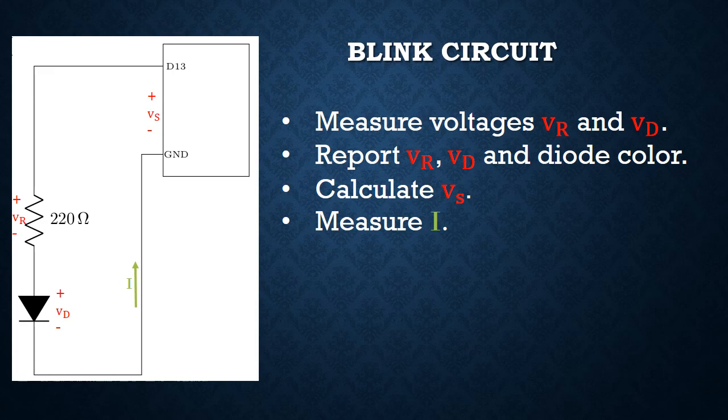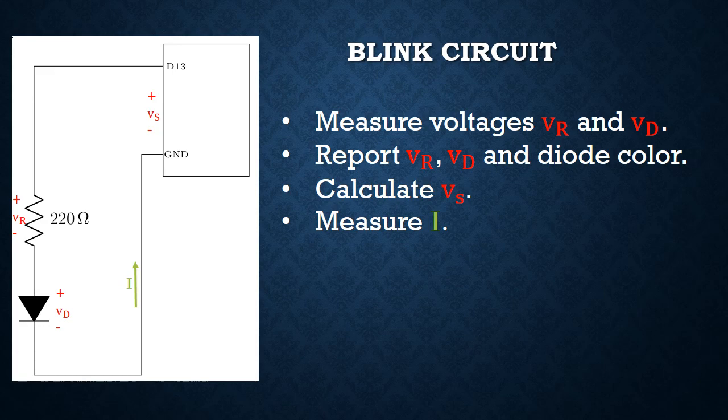Okay, and so we should be able to calculate that, not need to measure it, because we can use Kirchhoff's voltage law to find out what that is. Basically, the Nano serves as the source, and then the resistor and the diode are the loads. So we can calculate it.